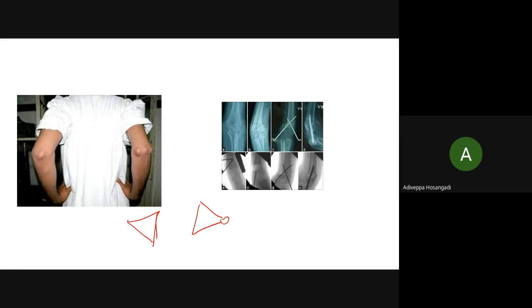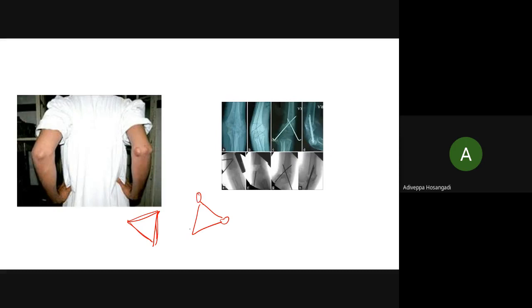This triangle relation is with the elbow in 90-degree flexion. Remember this. The 3 bony points form a triangle in 90-degree flexion. In extension, they form a straight line. It is unaffected in a supracondylar fracture or a malunion supracondylar fracture.